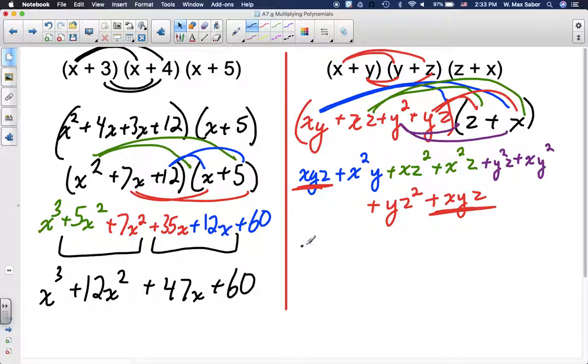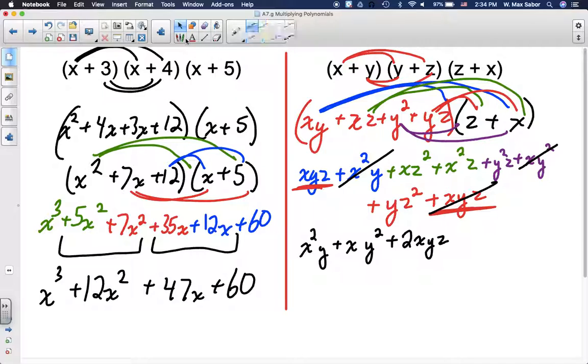So now we have to write them. X squared y plus xy squared. So let me cross them out as I use them. Plus there's 2 xyz's. And now I haven't used the x squared z yet.